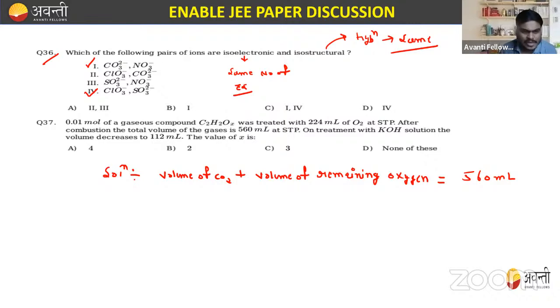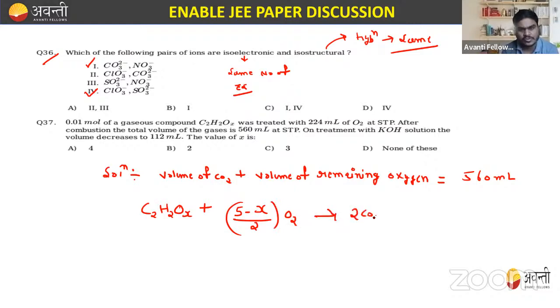Okay. Now, according to this reaction, C2H2OX reacts with (5 minus X)/2 mole of O2, and this will produce 2 CO2 plus H2.